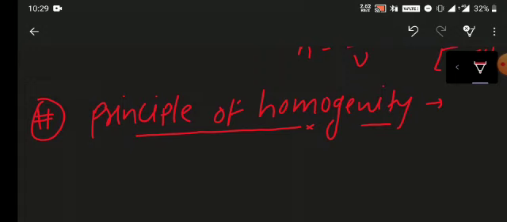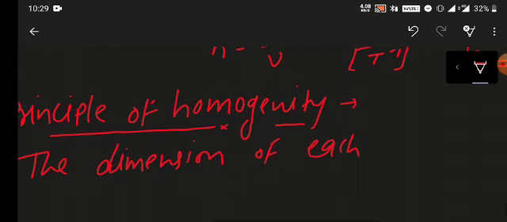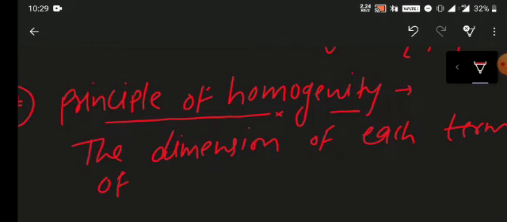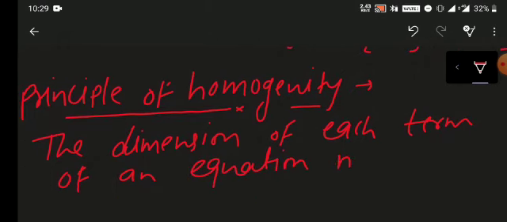Principle of homogeneity: the dimension of each term of an equation must be the same.